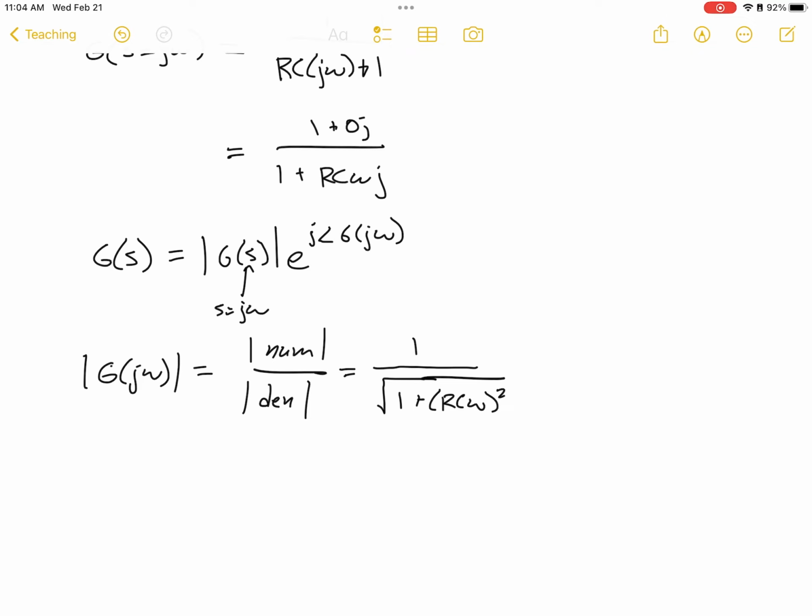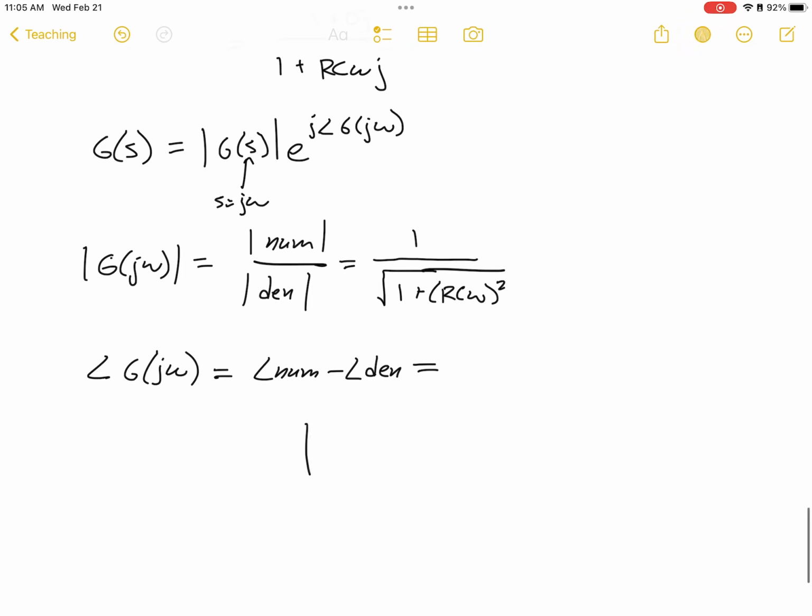And then the phase of G of J omega is going to equal the phase of the numerator minus the phase of the denominator. And the phase of the numerator, so I'll go ahead and draw this vector here.